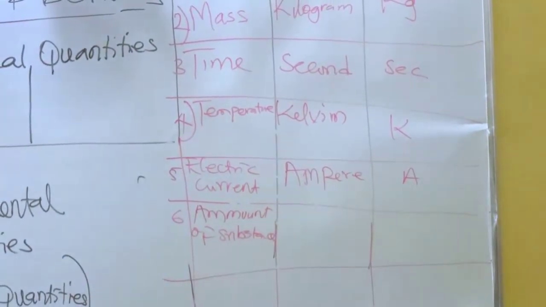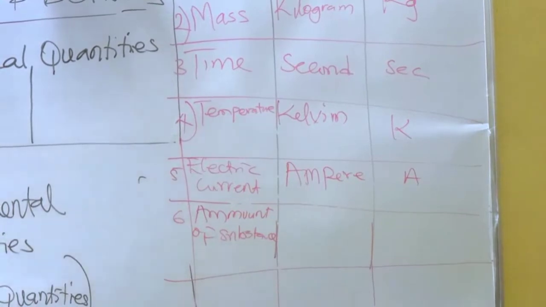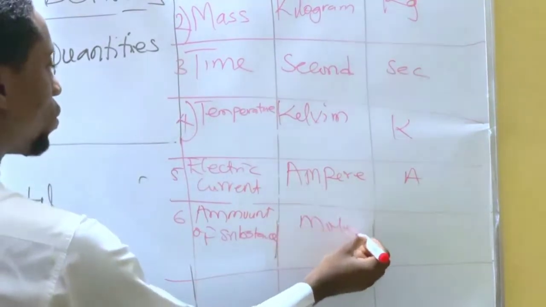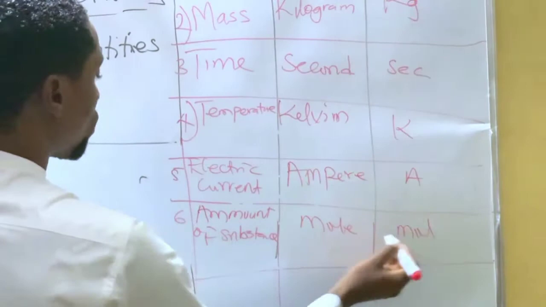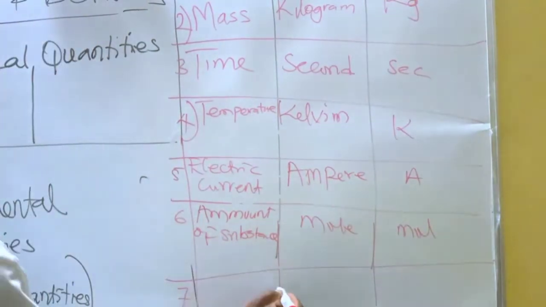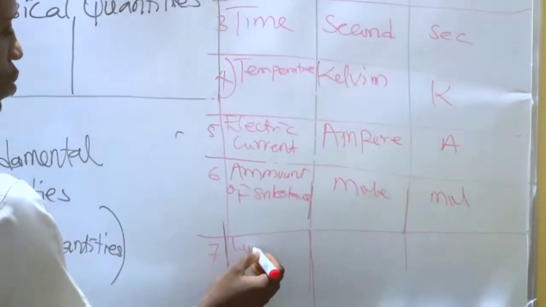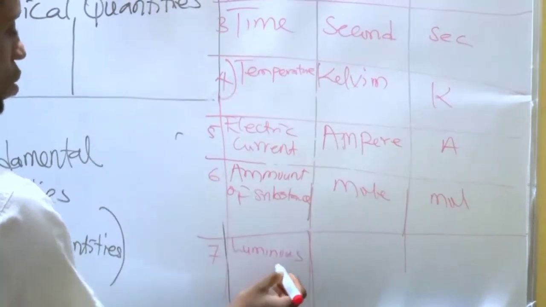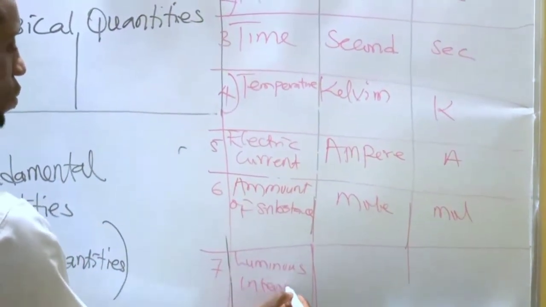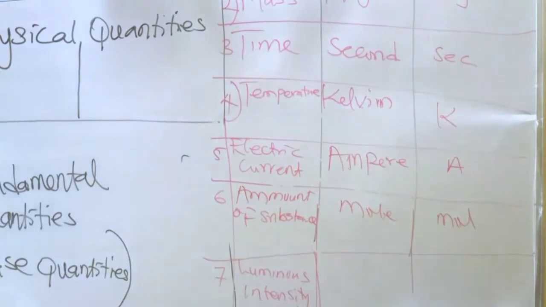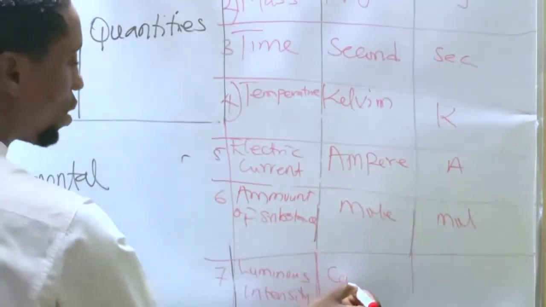The amount of substance is measured in mole. Then we have number 7, luminous intensity. Luminous intensity is measured in candela.